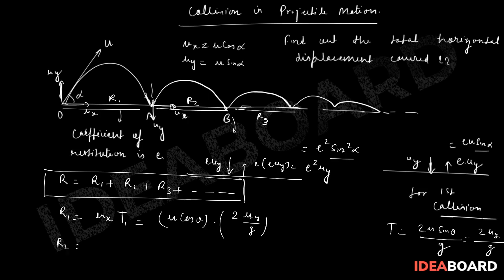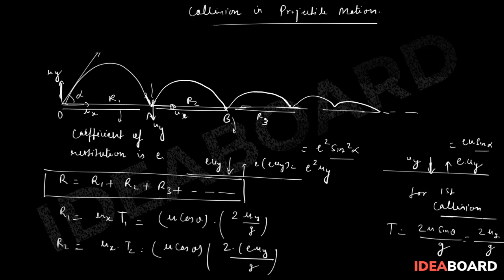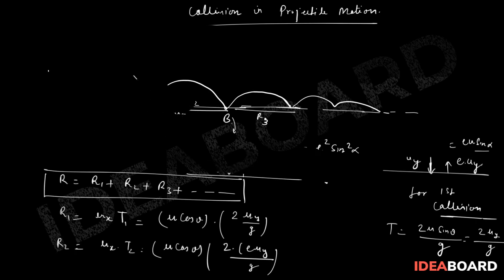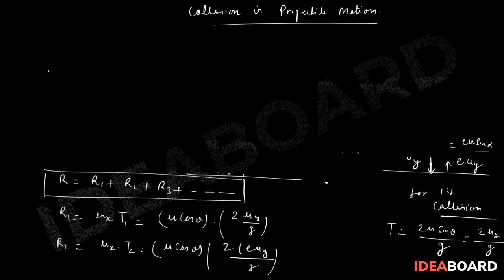Then r2 can be written as ux into t2. Now ux is the same, u cos theta, into t2 which is 2 into euy upon g only, right? And likewise r3 can be written similarly. So the total range we can find out by putting these values in our equation, right? So r is going to be r1 plus r2 and so on, which I have written earlier.